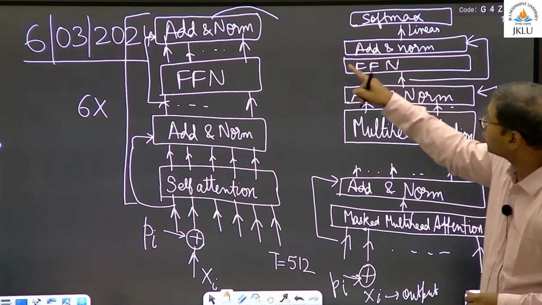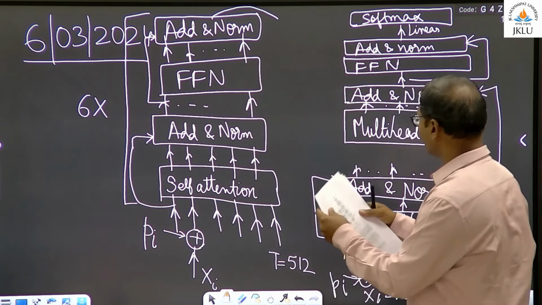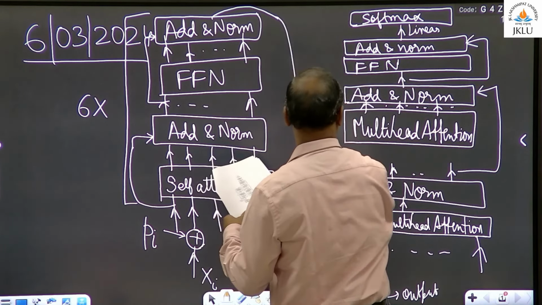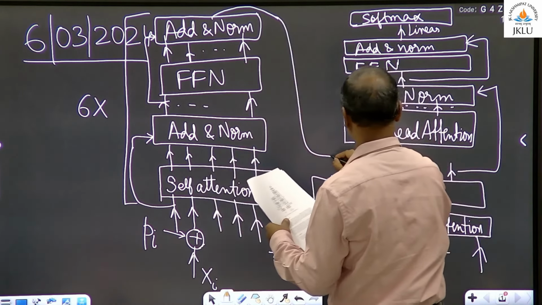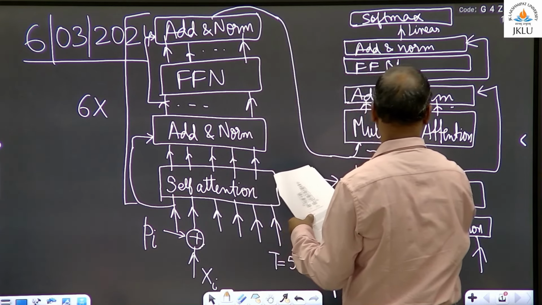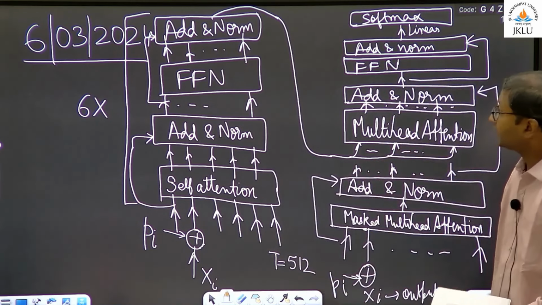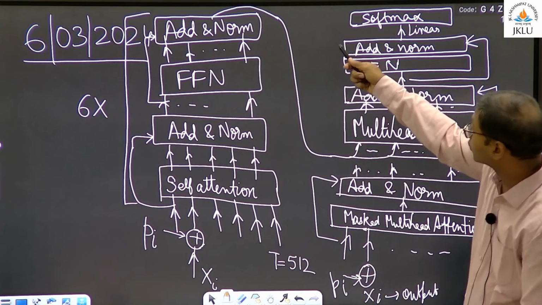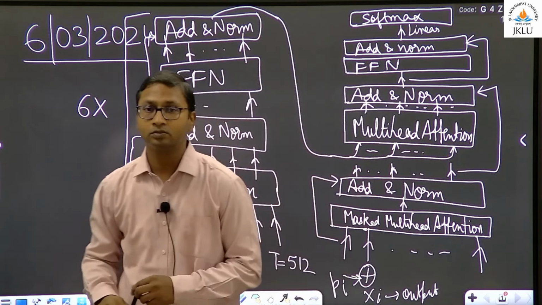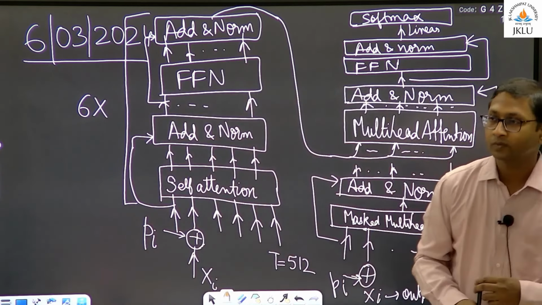Now we are yet to connect the encoder to the decoder, and where you do it is this. What is the size of the output of this layer, add and norm? 512.